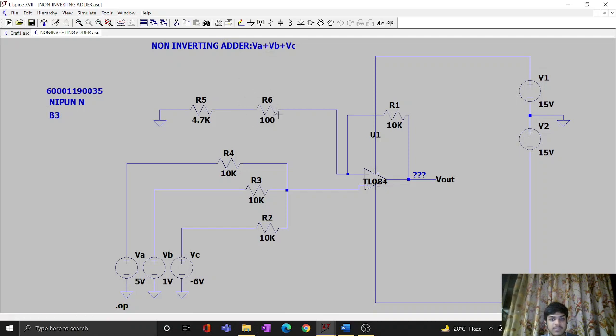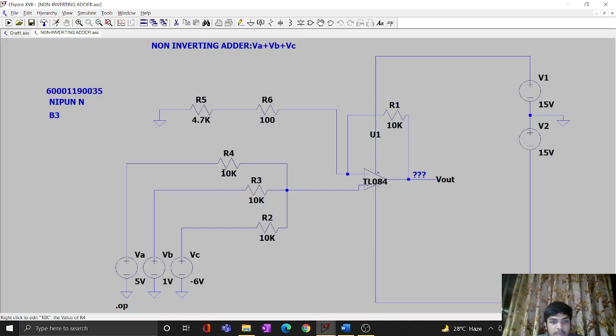For example, in this circuit, as you can see, I have used the TL084, and I have applied the equation VA plus VB plus VC, and I have selected the standard resistance values being all these.